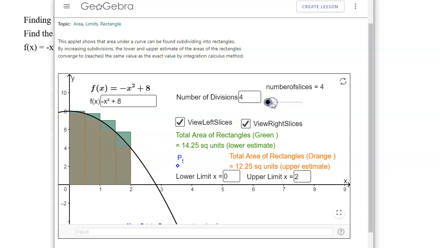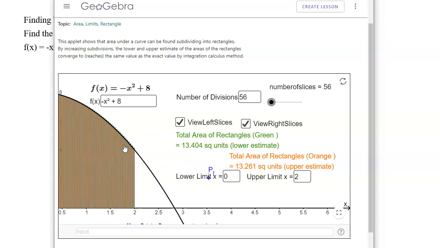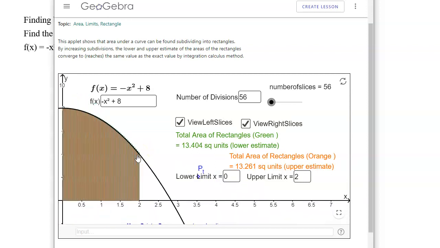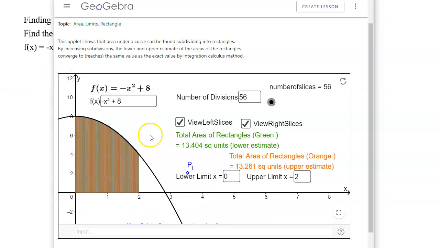What's cool about this is you can increase the number of rectangles now. So there's 4 rectangles, 5 rectangles, 6 rectangles, and now we're up to 13.46. You notice these two numbers are starting to zero in on the area under the curve. If you zoom in, you can see we've still got a little over and underestimates there, and we just keep going.